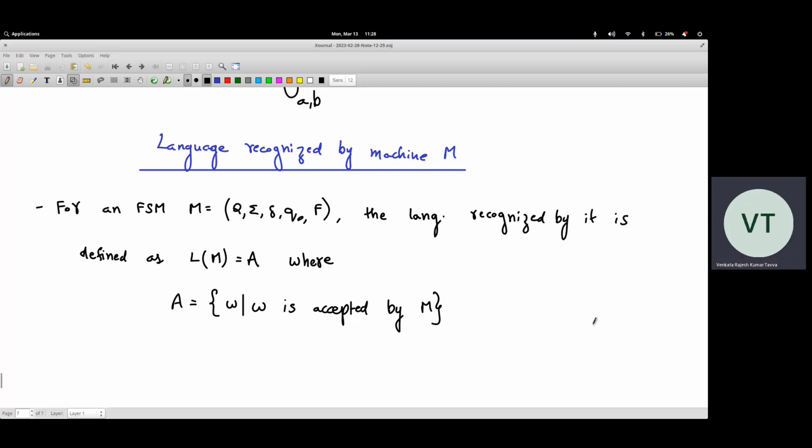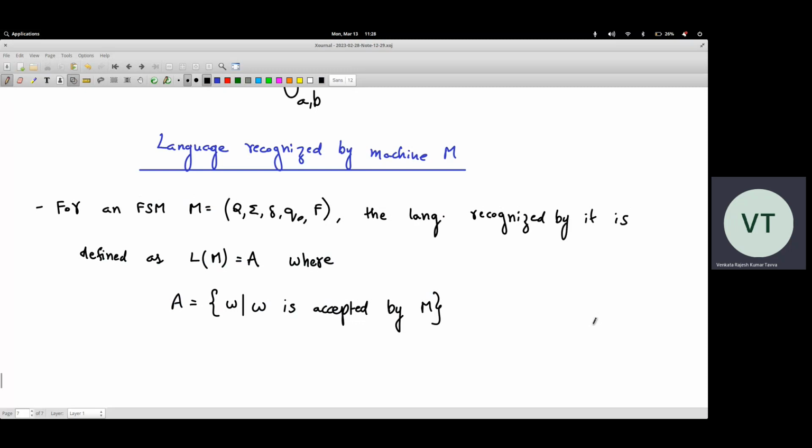So A is the set of all those strings which are accepted by the machine M. So we are formally defining a language recognized by a particular machine as the set of all the strings accepted by that particular machine. Now the next question will be, when do you say a string is accepted by a machine? We need to formally define that. Some strings are accepted, some strings are not accepted.